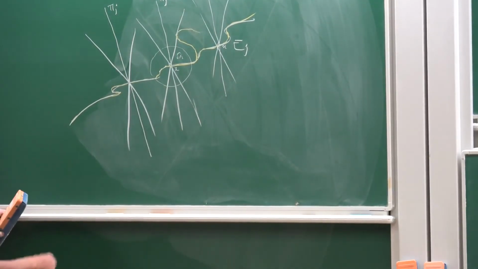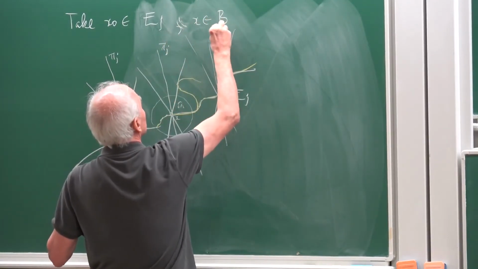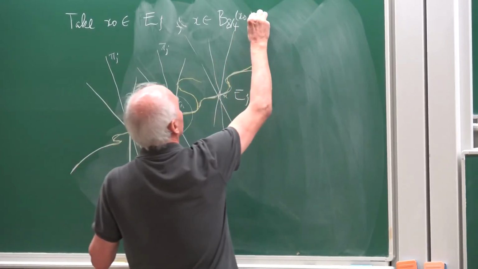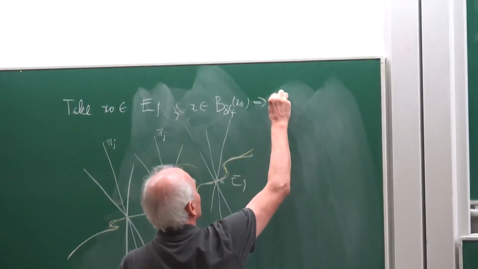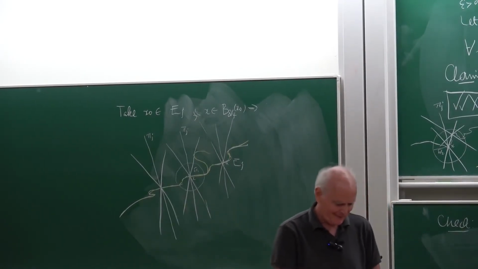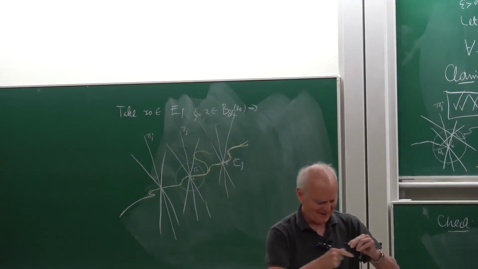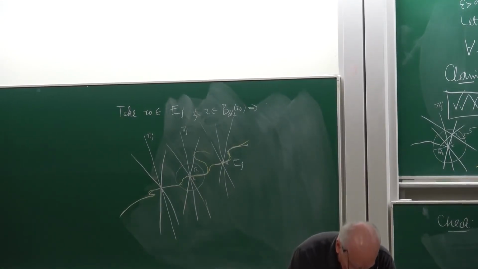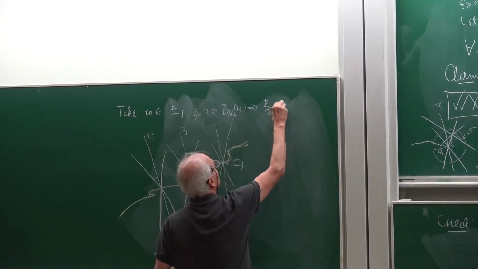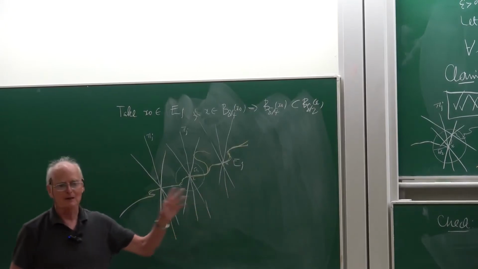Namely, take any x in EJ, and then any x in B delta over 4 x0 implies that B delta over 4 x0 is contained in B delta over 2 x, just by the triangle inequality, right?